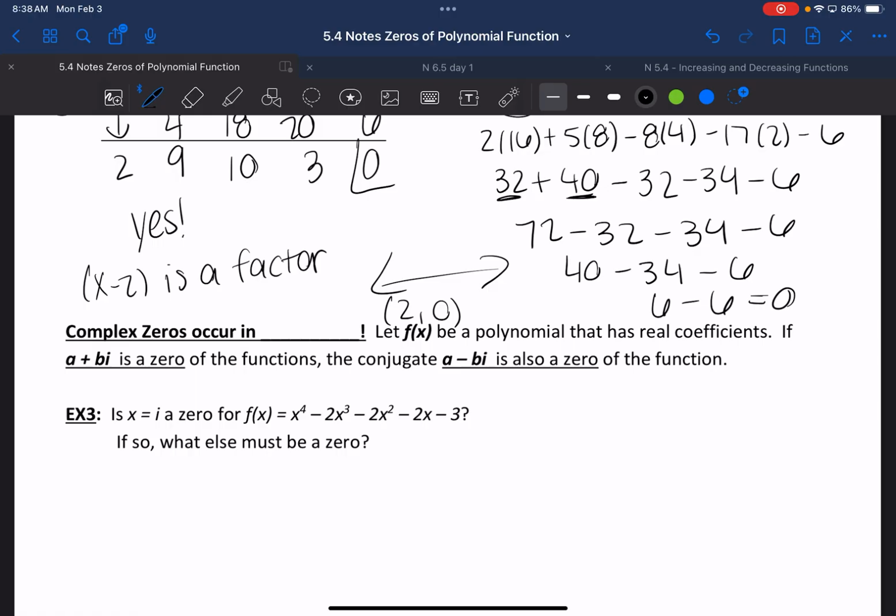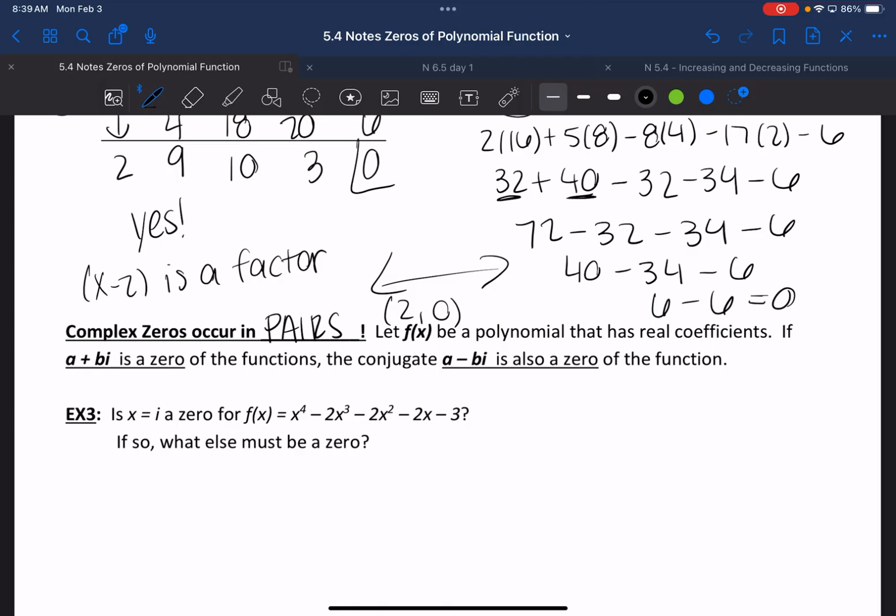We said we could have some imaginary roots. These are also called complex numbers. Our imaginary numbers can be referred to as complex numbers. And these usually come about in pairs. So if you find one, you should have a second one.